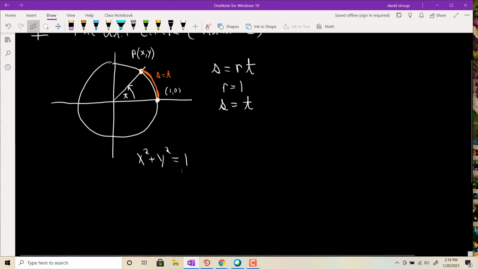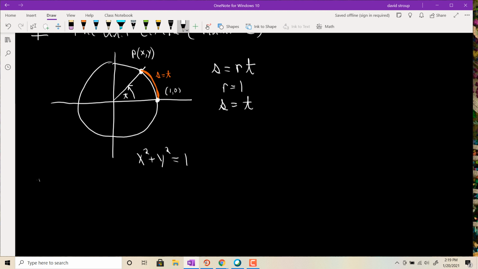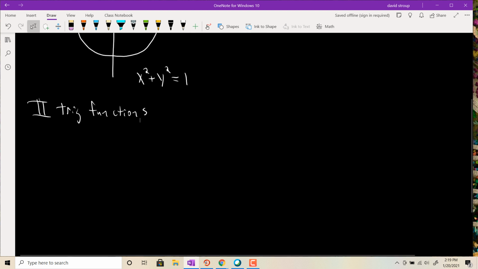And now we're going to define the trig functions in terms of x's and y's, okay, on this unit circle. Okay, so the trig functions. There are 6 trig functions, and whenever I write them out in the notes, it's always going to be sine is the first one, and then I'll write cosine, and then I'll write tangent.